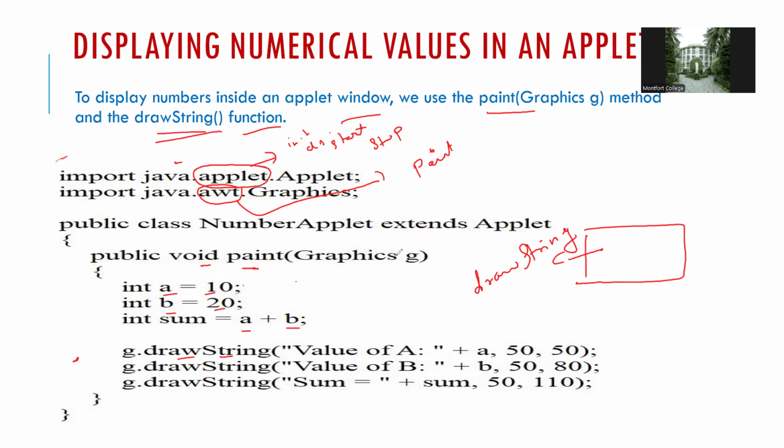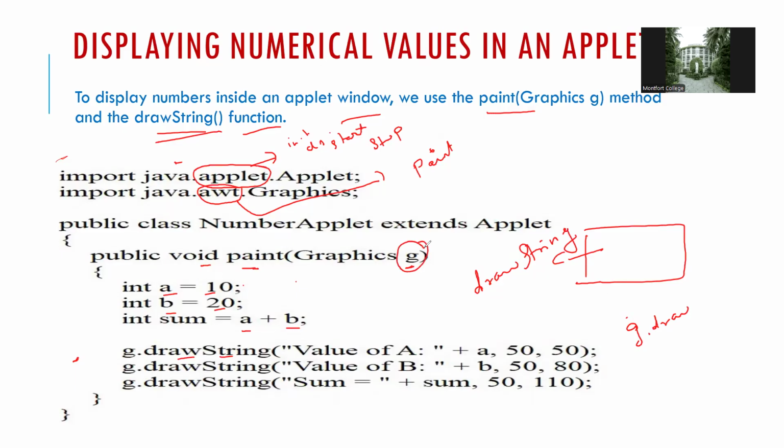So g dot drawString, where g is the object of the Graphics class that we have created.